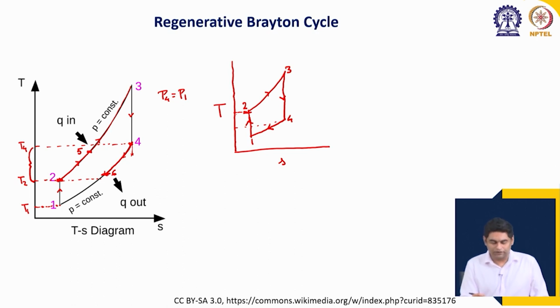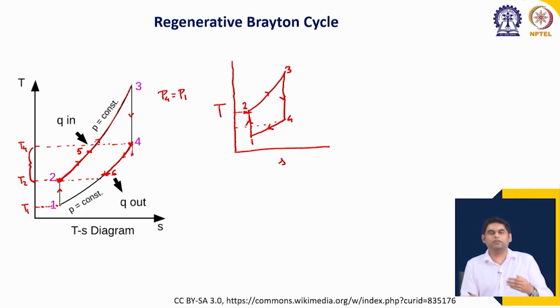Let us consider a case where the heat exchange is perfect, okay, which means that no heat loss occurs and whatever energy is transferred from the state 4, the entire energy is taken up by the air at state 2. Okay. And at the limit that we have an infinitely large heat exchanger, we can take the temperature of the air almost to the temperature of the inlet exhaust gases at the inlet part of this heat exchanger or regenerator.